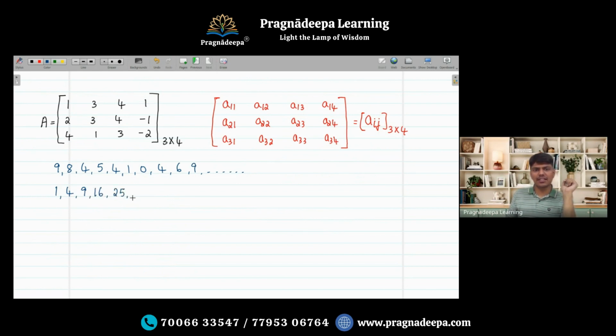It's not AP, it's not GP, but yes, it has a rule. What is the rule? Perfect squares. So the next term is easy to guess. What is the next term? 36. Next 49. So what is the difference between these two series? The second series has a definite rule, correct? Whereas the first series does not have a rule, yet it is a series of numbers, correct?